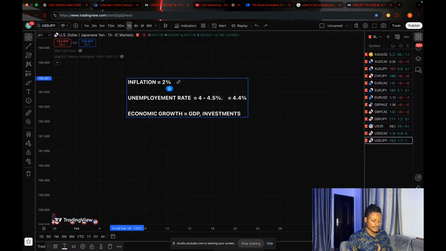The next thing now is inflation. They want inflation to be around 2%. Inflation is currently at 2.8%. So you see that inflation is higher than they would like.